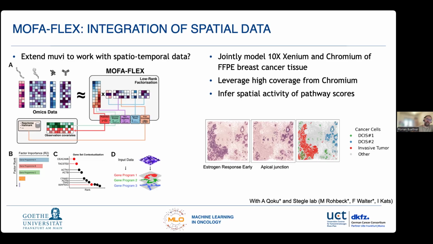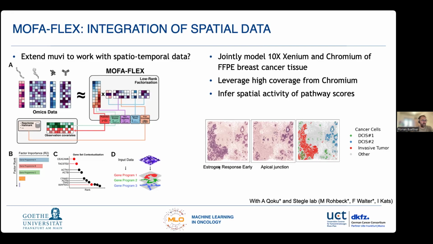We did that as a showcase here for FFPE breast cancer tissue, and leveraged the high coverage across the transcriptome from Chromium and inferred spatial activity of pathway scores using the 10x Xenium and this Gaussian process prior. Without going too much into detail, what you can see here is that we can really infer explicitly these pathways that drive intercellular variation.